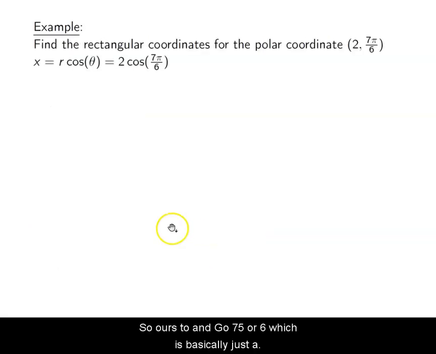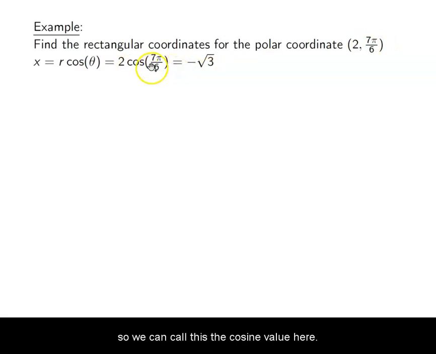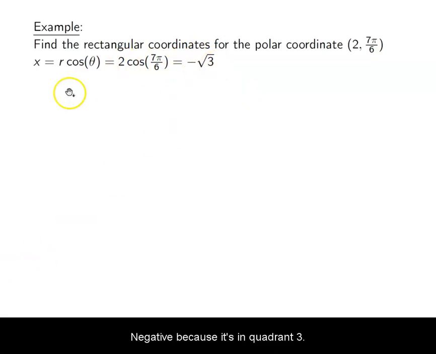Okay, so r is 2, angle is 7 pi over 6, which is basically just a pi over 6, right? It's the same as negative pi over 6, basically. So we can call this, the cosine value here is square root 3 over 2 multiplied by 2, and those cancel, and then this is going to be negative because it's in quadrant 3, right?